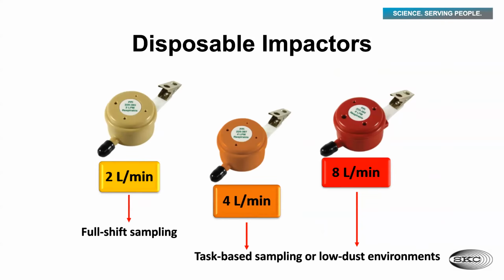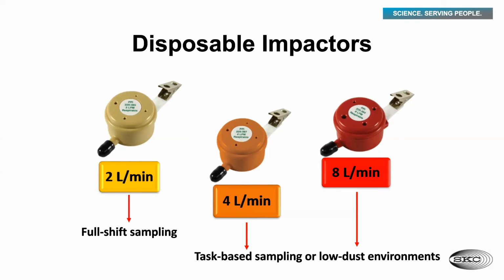The reason you would do that is to get more particulate or more chemical onto your charcoal, and ultimately to make that more sensitive and reduce the level of detection from the lab.